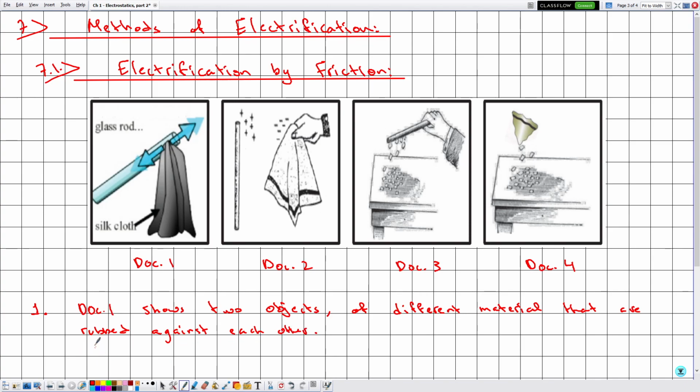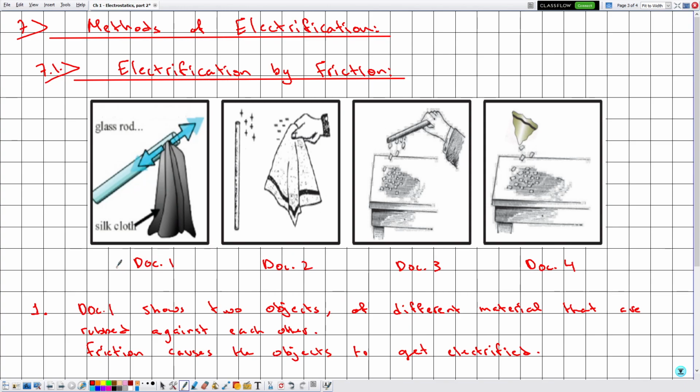Now, friction, which exists between both objects because they are in contact, causes the objects to get electrified. Let me repeat what we have done so far.